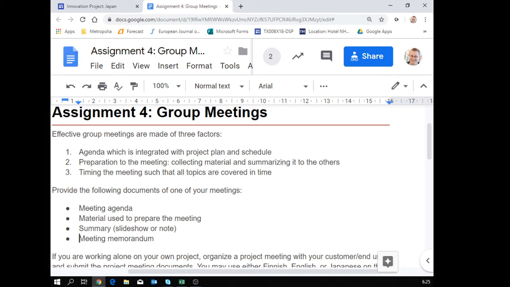It should have the planning of the next phase, and of course scheduling the next meeting.